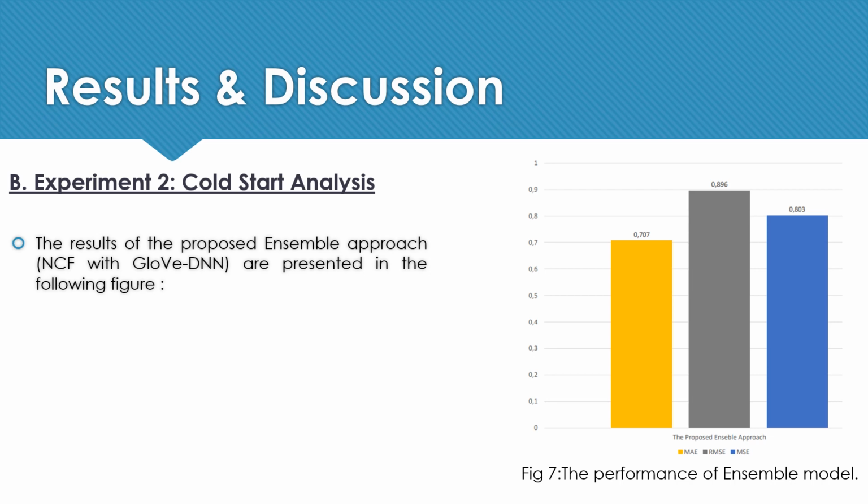Consistent with the previous experiments, the ensemble model exhibits superiority over individual models in handling the cold start scenario. This further underscores its capability to leverage diverse models' strengths, resulting in a more robust prediction system.